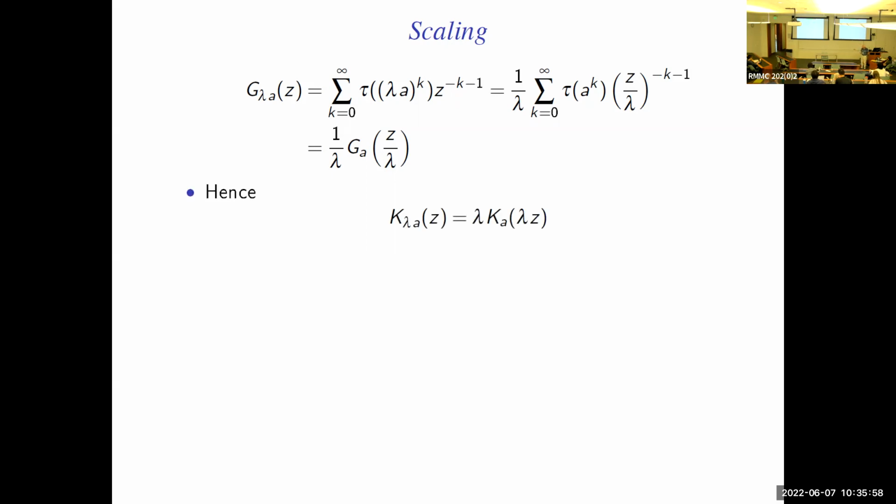If you take inverses, this amounts to saying that K_{lambda a} of z is equal to lambda K_a of lambda z. And this amounts to saying that c_k of lambda a is equal to lambda to the k times c_k of a. Again, something that Andu will talk about a little more, but this comes from the multilinearity of the more general cumulants.